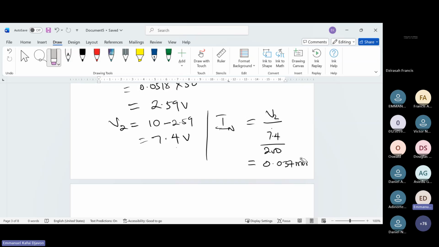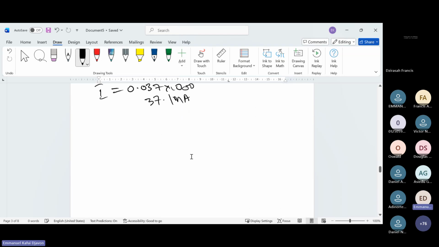If I want to convert, I multiply by 1,000, and I get 37.1 milliamps. Now I know my IN.